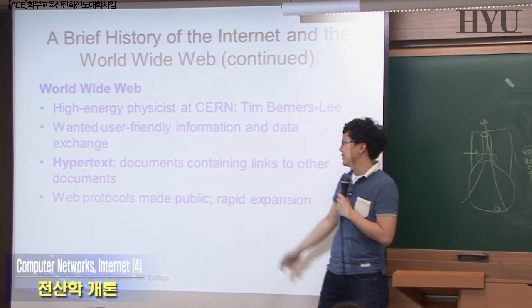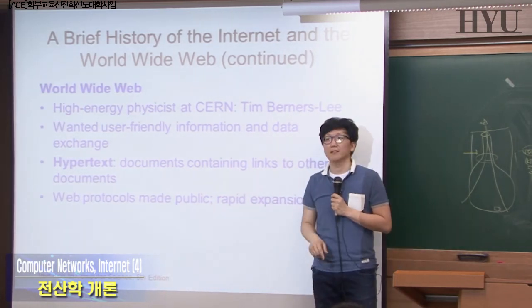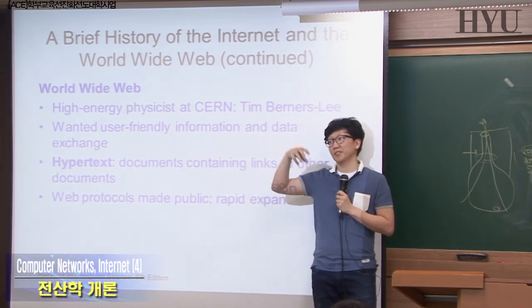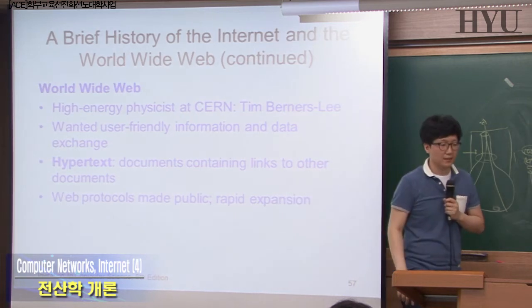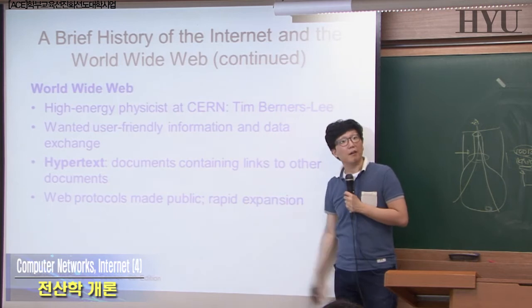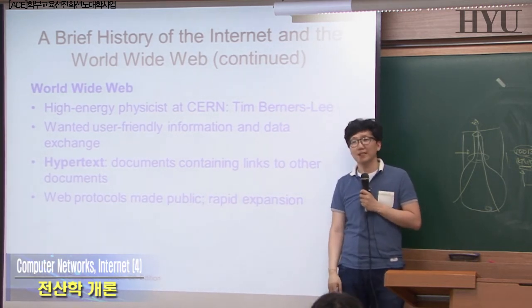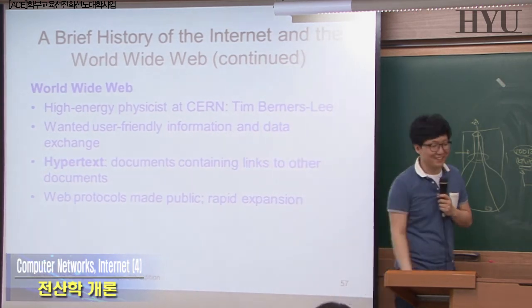That is hypertext. A document containing a link to another document. As soon as you click a link, sometimes you go to that website or it opens up another window containing another document. So this guy made the first ever website. First ever website in human history is not naver.com. This guy's personal website. 그렇죠?